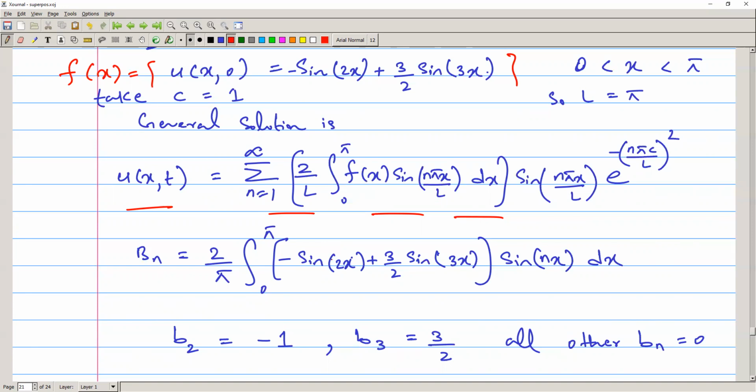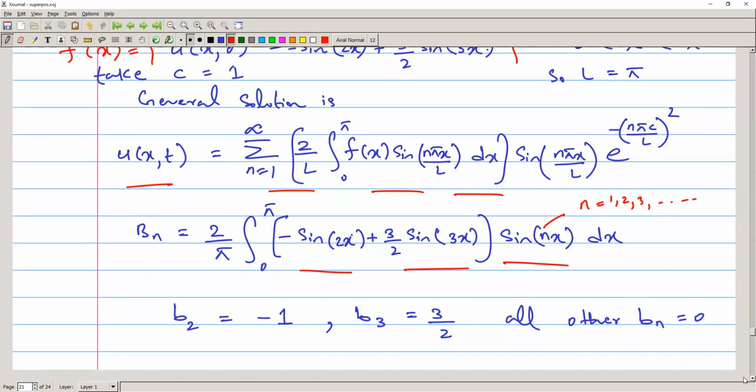So now this integral is the integral of sines, right? So we know that here it's n, and n is basically equal to 1, 2, 3 and so on, right?